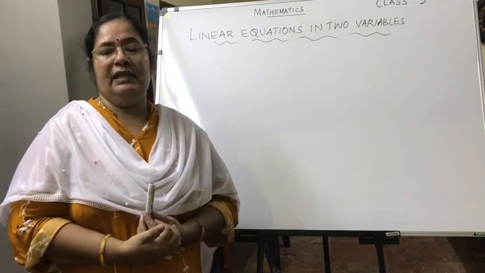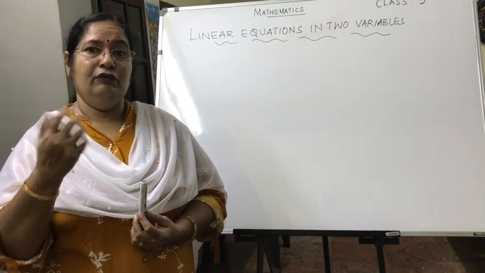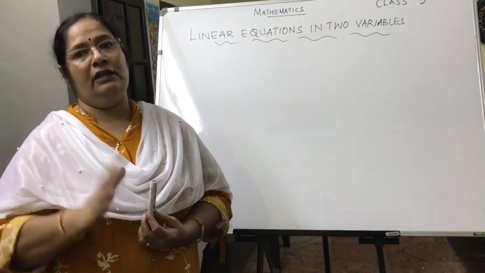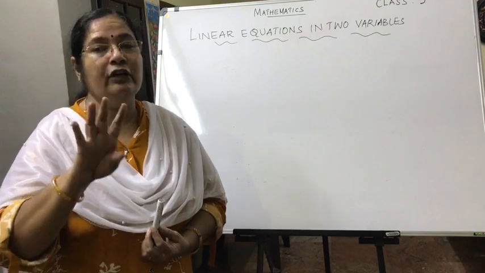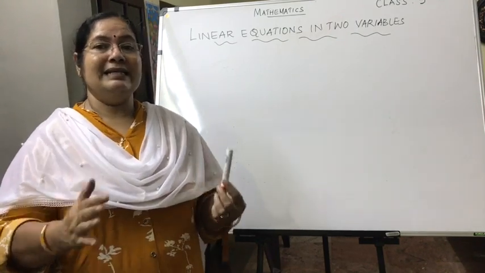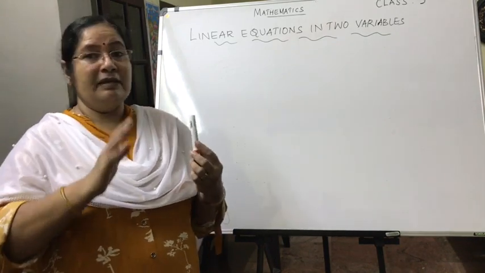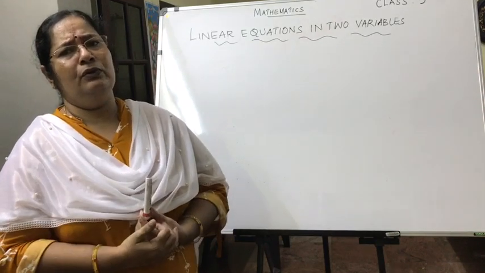Suppose I say, 4 years back, my age was, say, 40. 4 years back, my age was 40 years. How will you write this as an expression, or rather as an equation? Because I am talking about my age, it is an equation now. How will you do that?